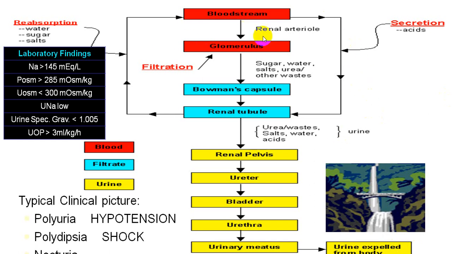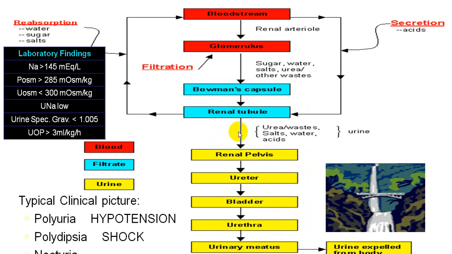So normally, whenever a person secretes ADH hormone, that ADH acts on the distal convoluted tubule, and by acting there, it increases reabsorption of water, and water is retained.